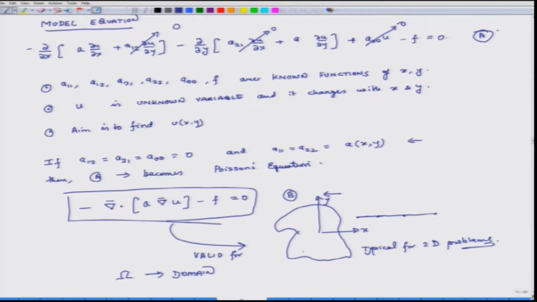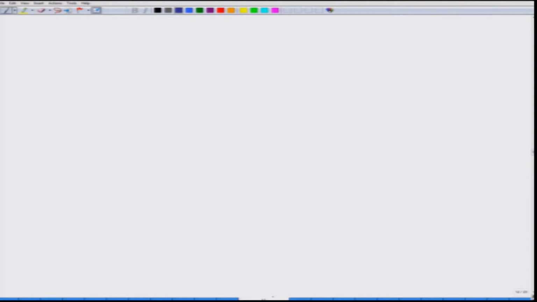If the domain is an element, then I can put a superscript, omega e. But the symbol omega is a lot of times used to symbolize domain. Now we will develop a solution approach.